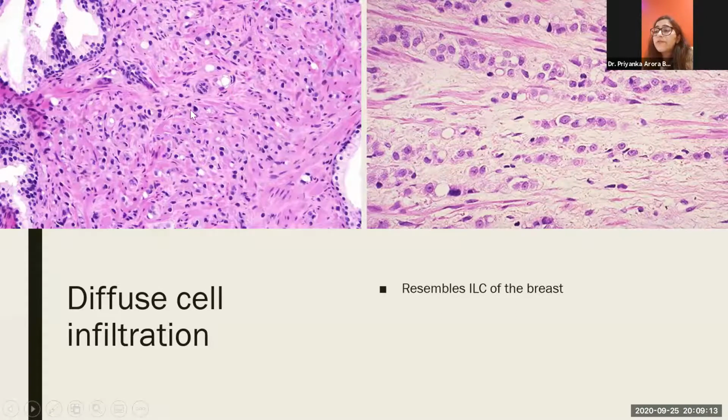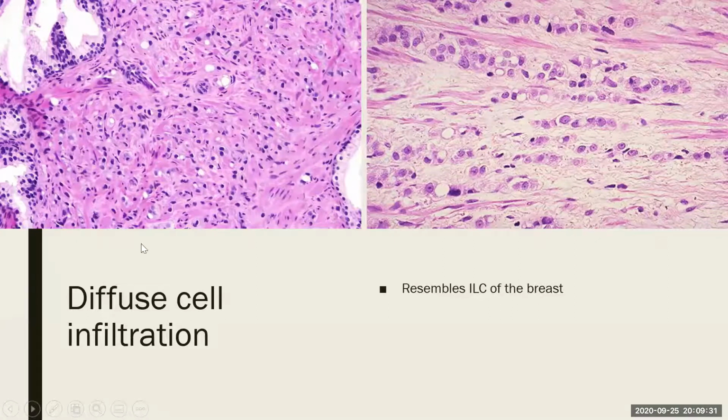Now this is diffuse cell infiltration. Just look here. There is no pattern to the cells, right? They're just diffusely infiltrating, right? Here, these are the benign glands, and you can see that these are large benign glands with papillary enfoldings and ruffled borders. Here, the entire thing is showing mitotic figures.